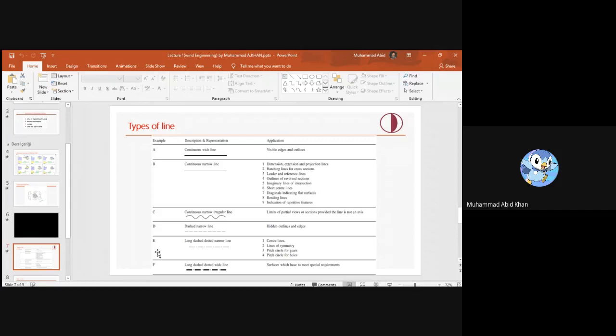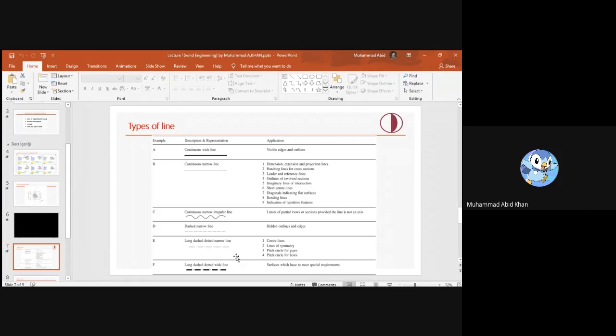In example E, long dash dotted narrow line. You can see it is a long dash dotted narrow line. In the application where we are using this dash dotted line, that is showing the center line, application 1, and application 2 is the line of symmetry.